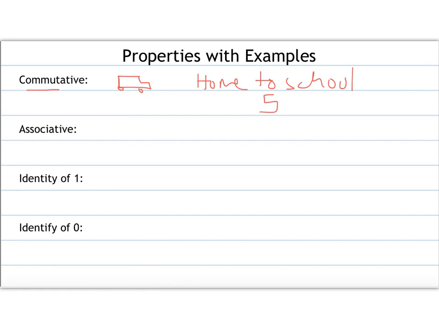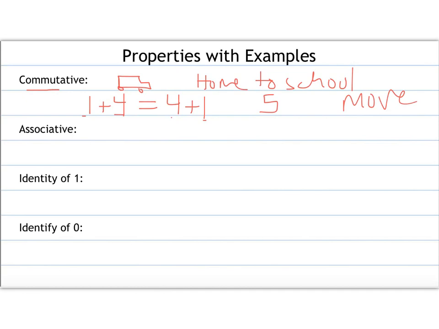So 1 plus 4 is the same as 4 plus 1. It doesn't matter which direction I'm driving. If I'm driving from one place to the next and they're the same, it should stay equal. So I like to think of commutative as commute: they can move and it doesn't change the value.